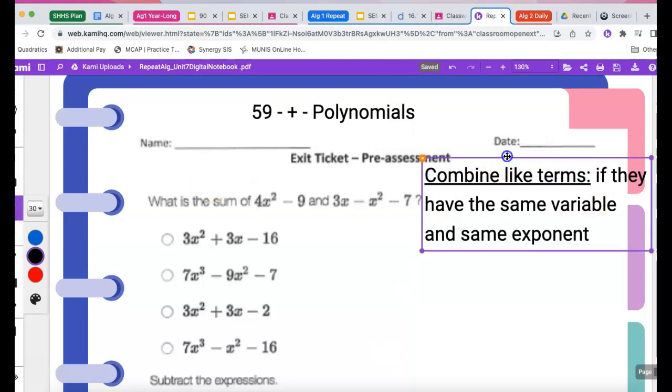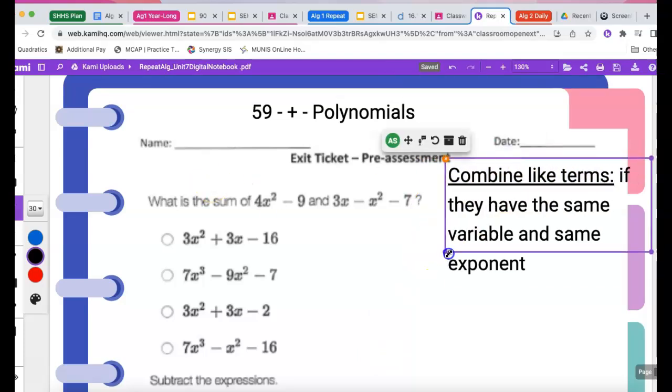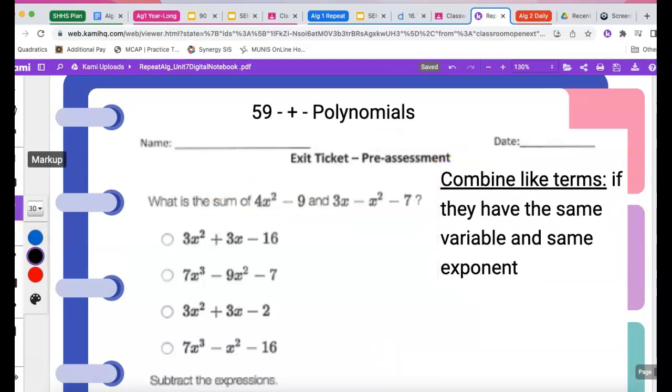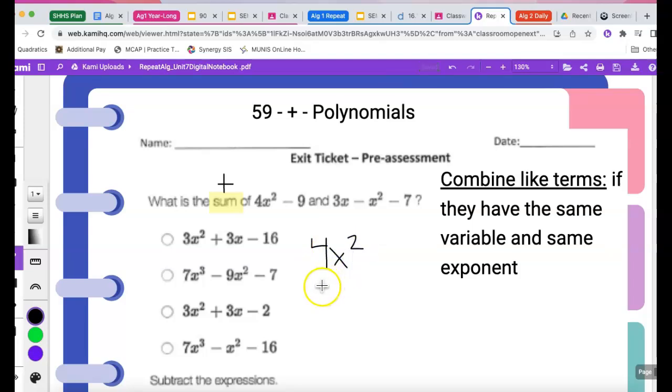So what we're going to do is line up our like terms for number 1. The word sum means to add, so we're going to add the two polynomials. We do 4x squared, and then line up the negative x squared underneath it.